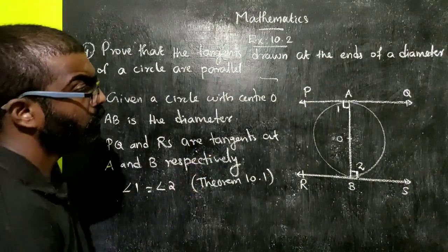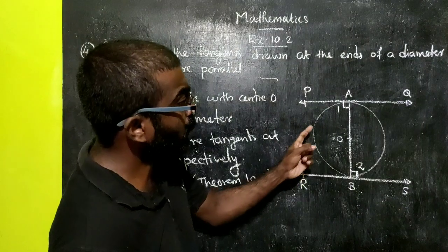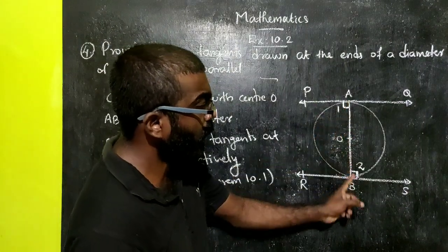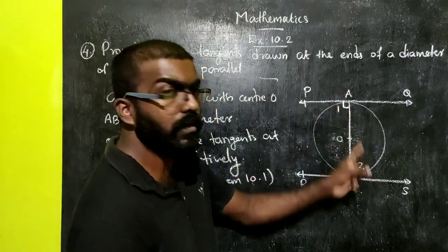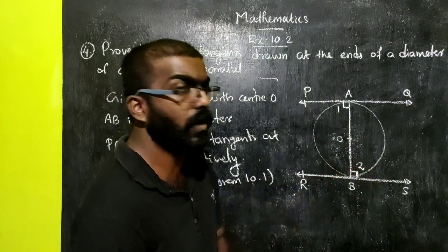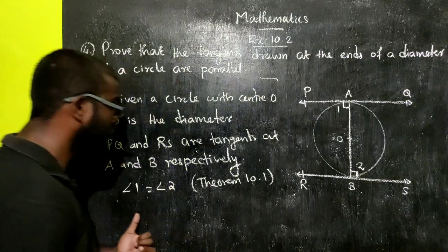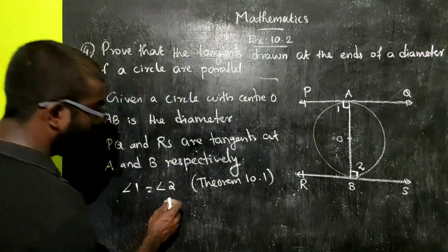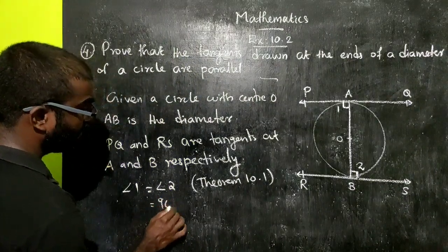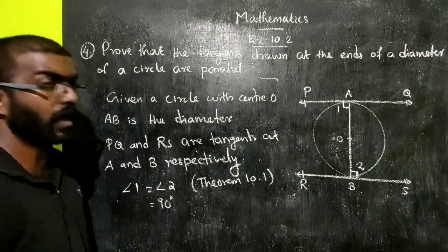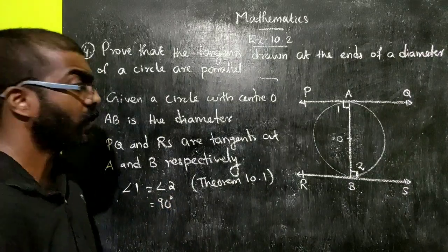And look at the figure. We can observe that angle 1 and angle 2 are alternate angles. Angle 1 and angle 2 are what? Alternate interior angles, and we got the values as equal. Both are equal to how much? 90 degree. Okay. Angle 1 equal to angle 2, which is equal to 90 degree.